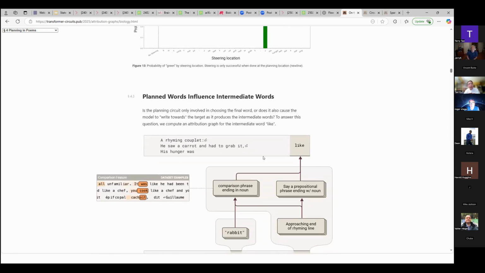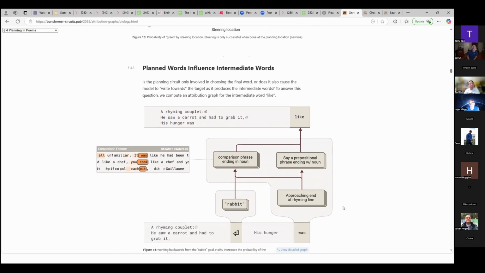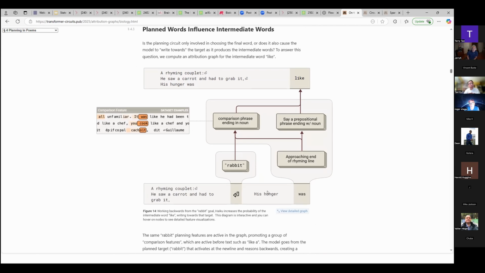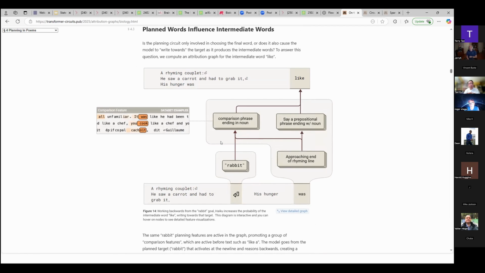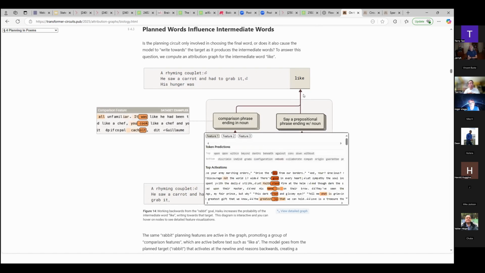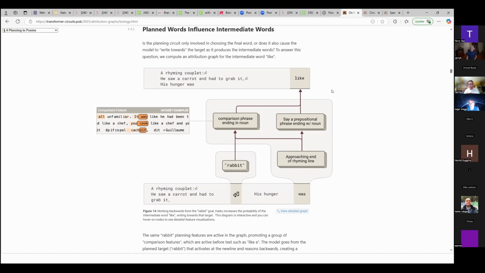So then the next thing they look at is what about the intermediate words, not just the rhyme? I'm not going to go into the detail, but basically, if you look at the earlier token positions, so "his hunger was," and then something like "starving" are the next three tokens that are predicted, what you see is that the concept rabbit is appearing in the computation graphs for those token positions.